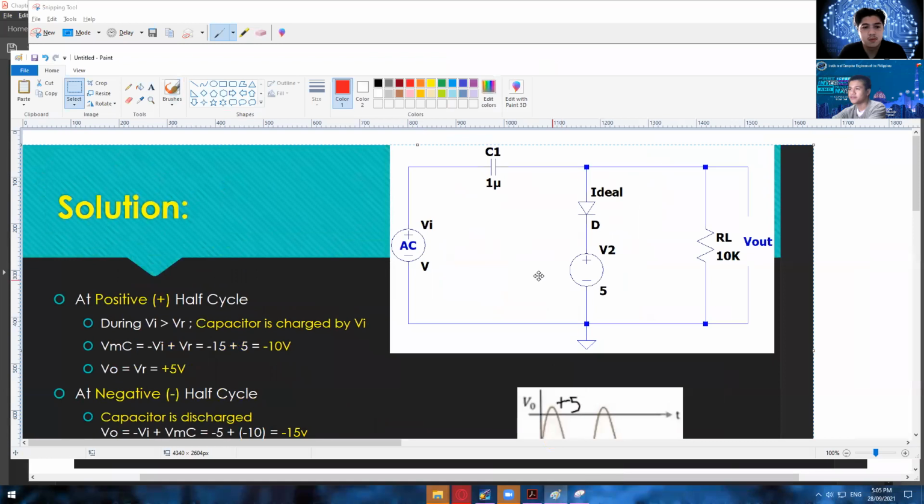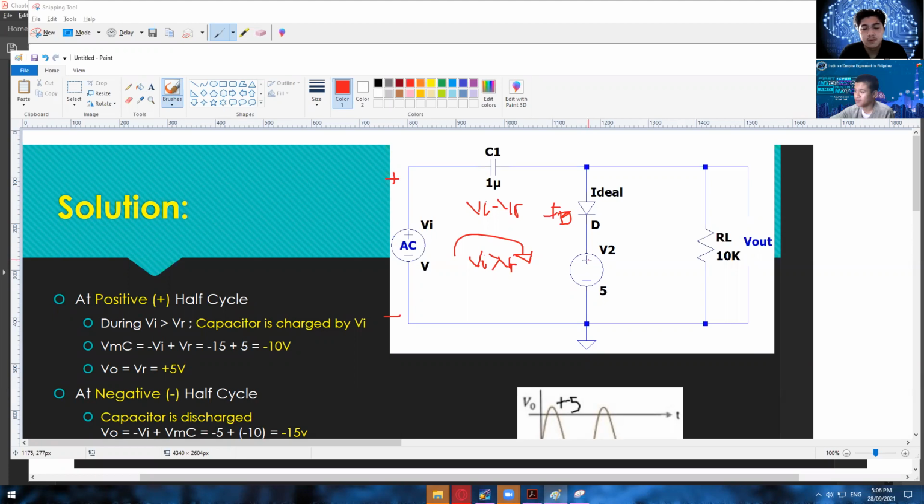Okay, in here, of course, we will start with the positive cycle since that is what we wanted. We wanted to make this one forward biased. In here, it's very obvious what the value of your C1 is. So C1 is equal to VI minus VR, since it will pass through this V2 right here once VI is greater than VR. Once VI is greater than VR, this will now become forward biased.